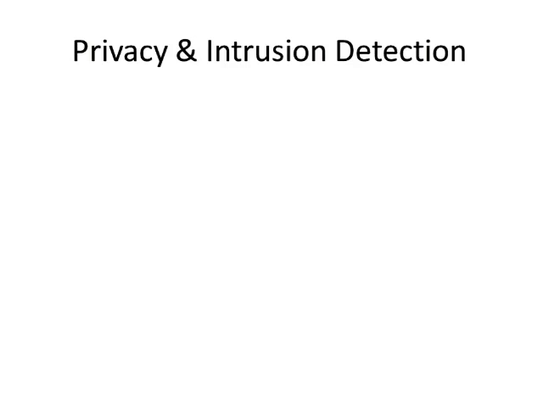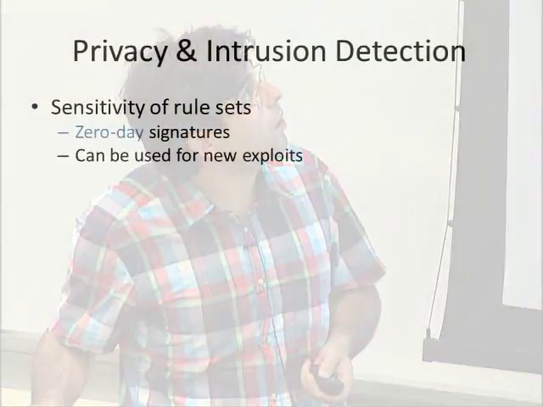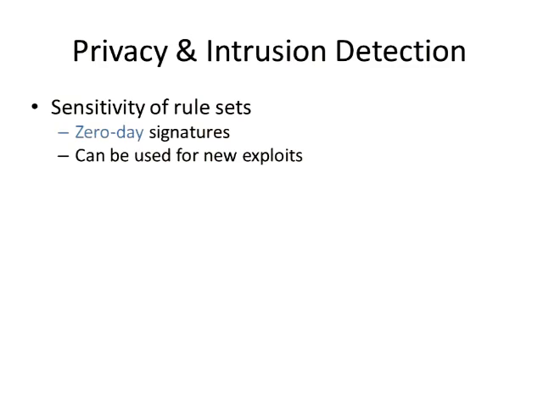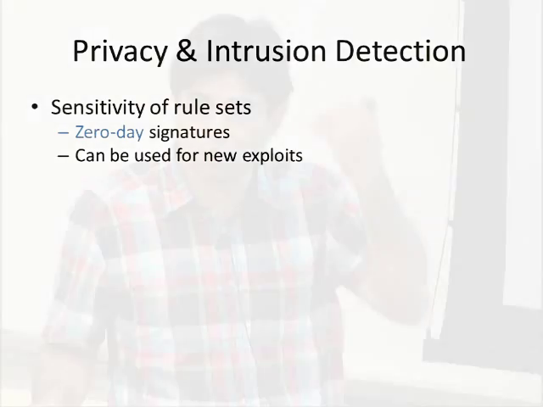Okay, so the second application is privacy and intrusion detection. Here, imagine you have an IDS. So, think about zero-day signatures where you have attacks that come in, and IDSs are actually fairly eager to come up with signatures for zero-day attacks, right?